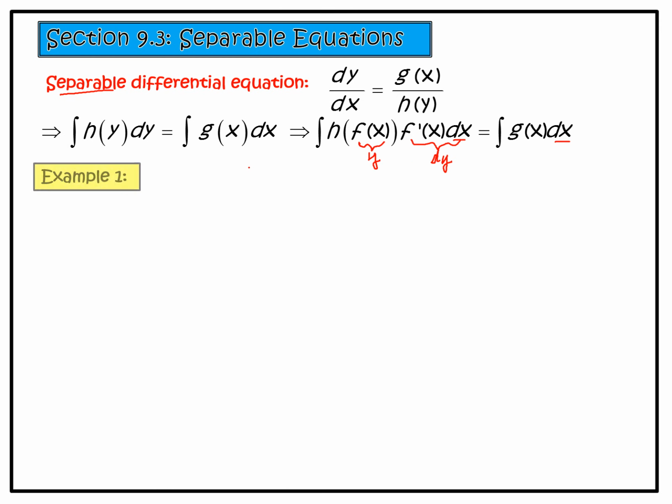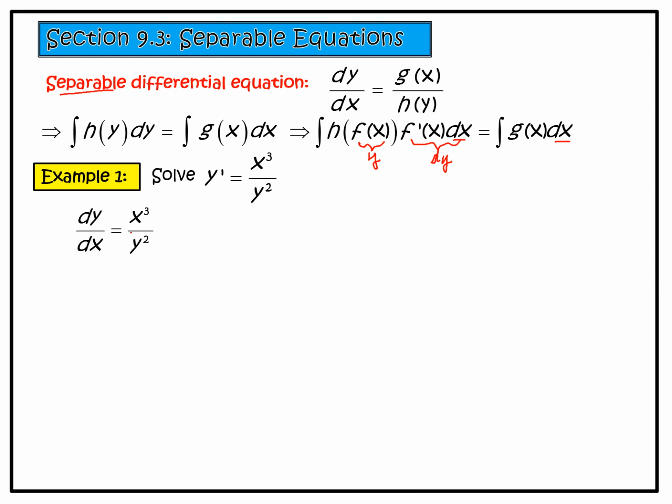So let's look at an example. Example 1, we want to solve the differential equation y prime equals x cubed over y squared. The first thing we've got to do is take this y prime and write it as dy/dx. So dy/dx is x cubed over y squared. Now we are going to set the cross products equal.